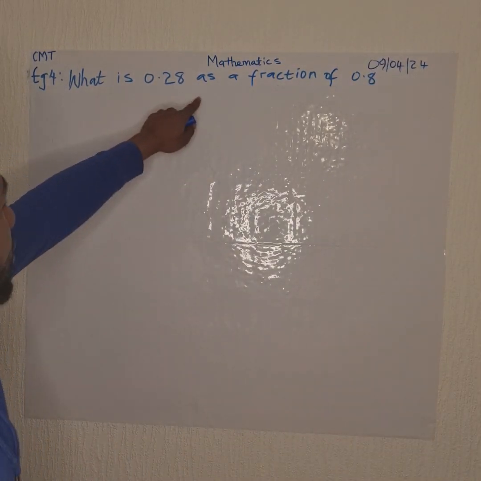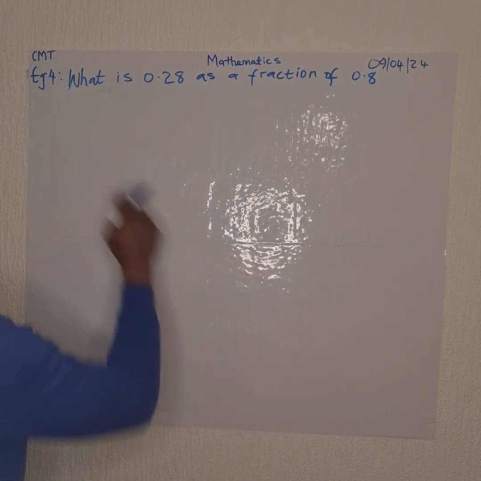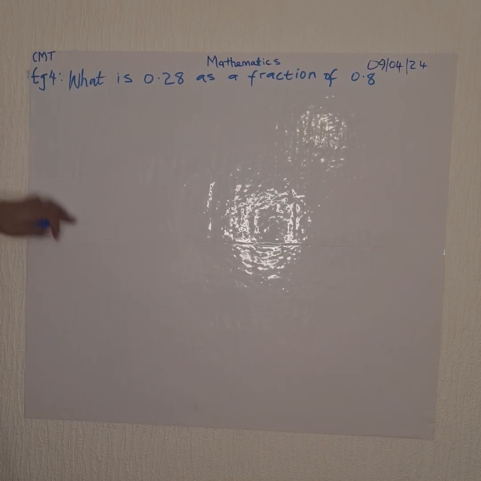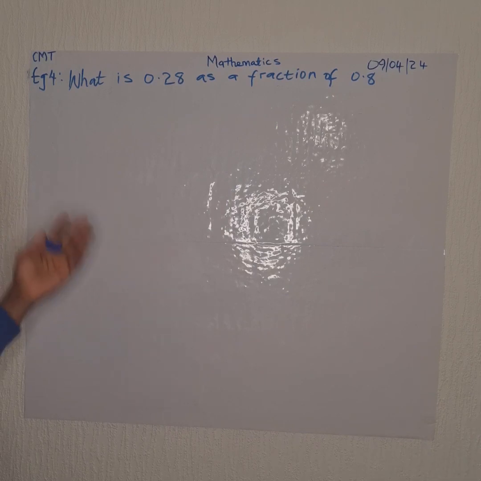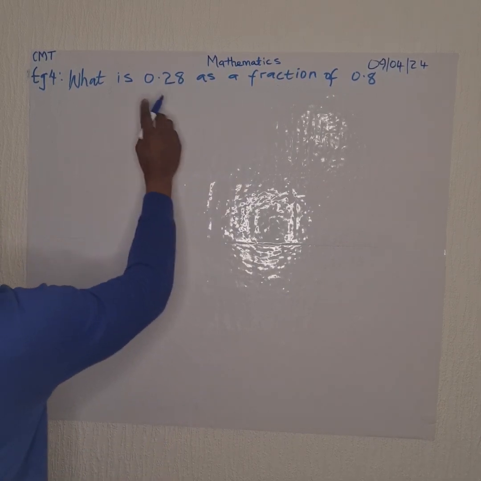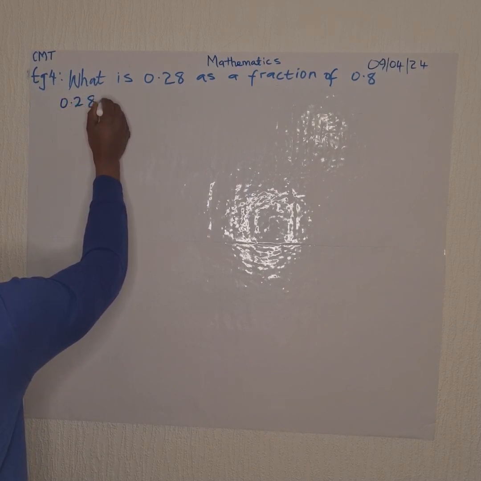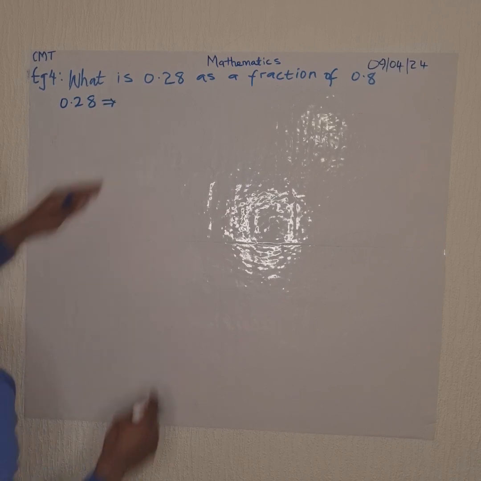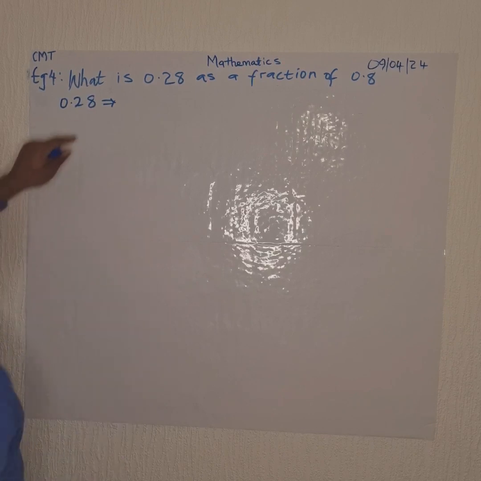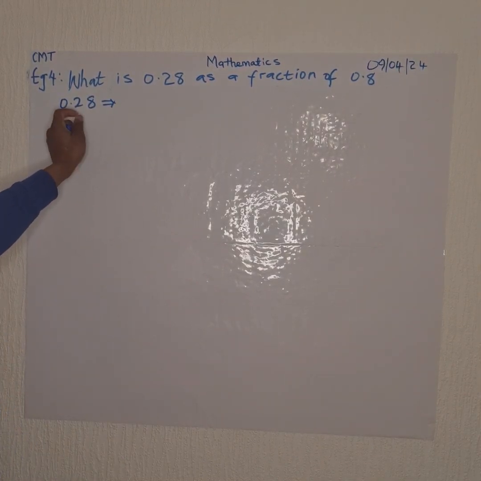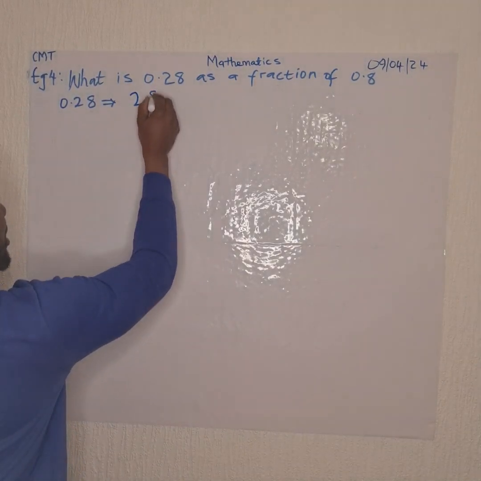What is 0.28 as a fraction of 0.8? So this is going to involve converting from decimal to fraction and then simplifying the problem. 0.28, change it to fraction, meaning you have to bring out the integers that you see, which is 28.